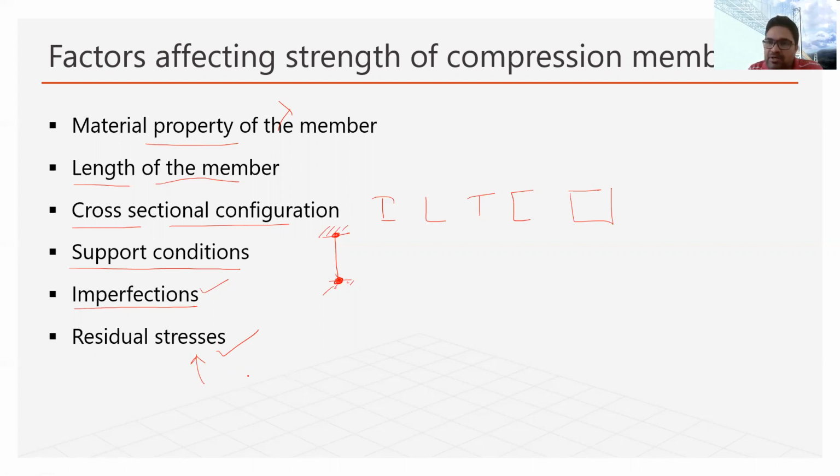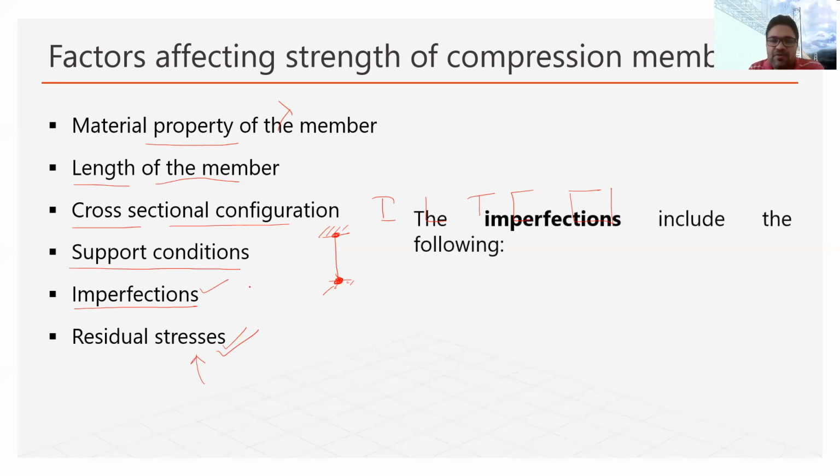Because of uneven cooling, some part may contract while the other part cools slowly in comparison, and such deviation may occur. So residual stresses may occur. Residual stresses are the stresses which are already present in the member.